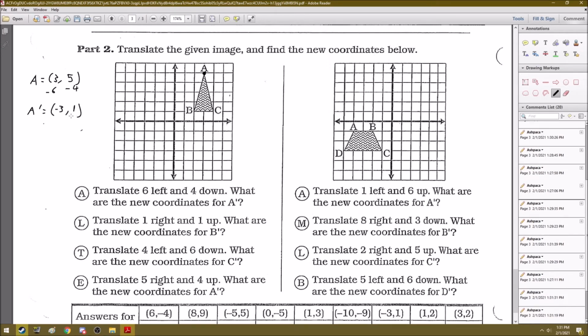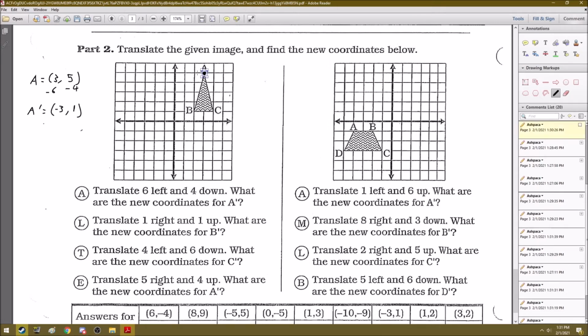And then we can check that by doing the other way, which is just counting the number of squares. So we're starting here, and we will go 6 to the left. 1, 2, 3, 4, 5, 6 to the left, and down 4. 1, 2, 3, 4.